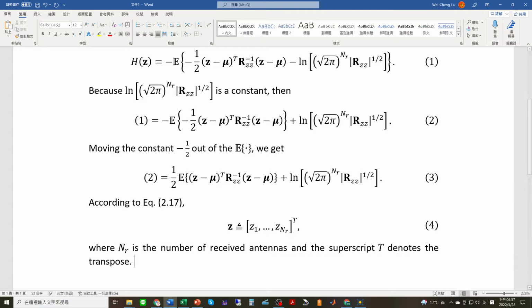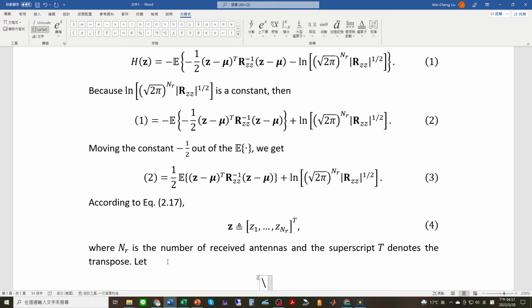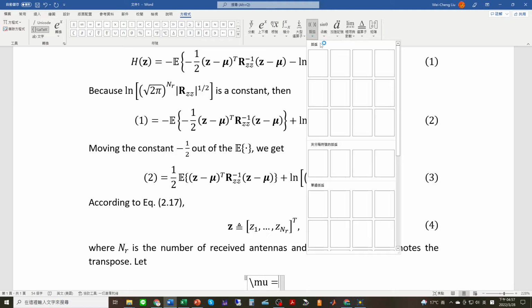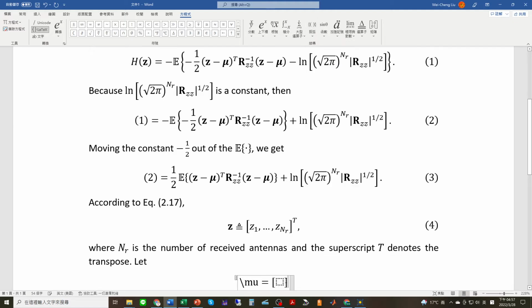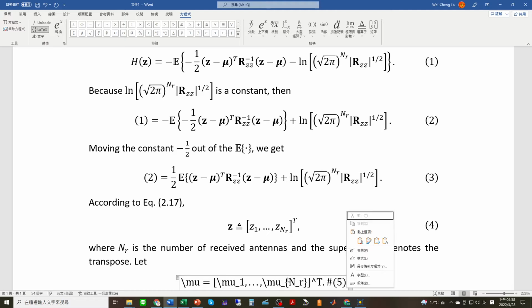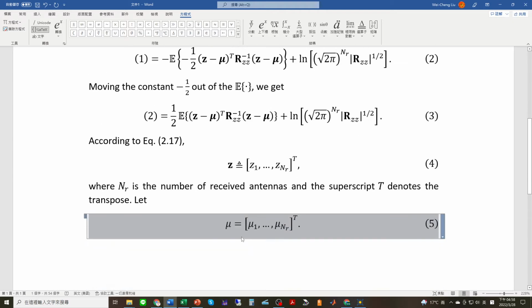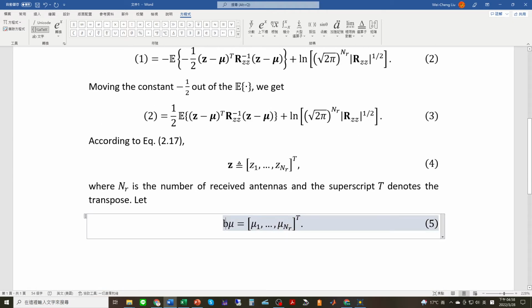Let mu is equal to the bracket mu 1 to mu nR transpose, like this, but this should be boldface.